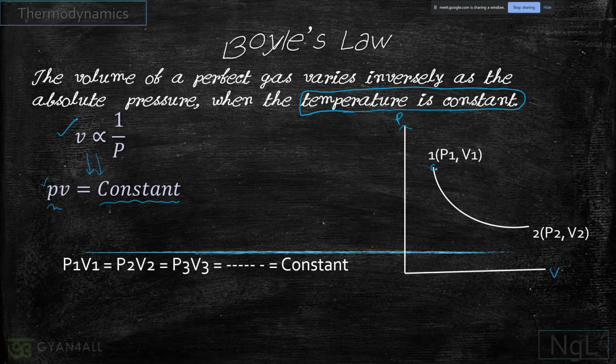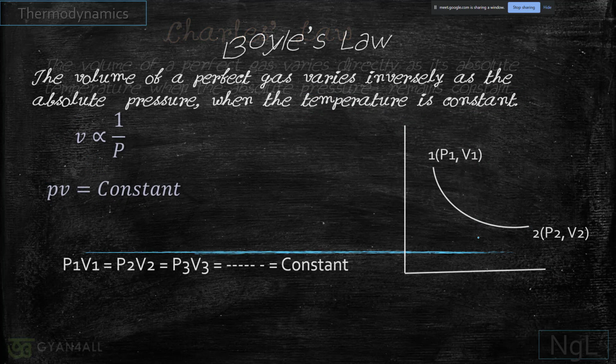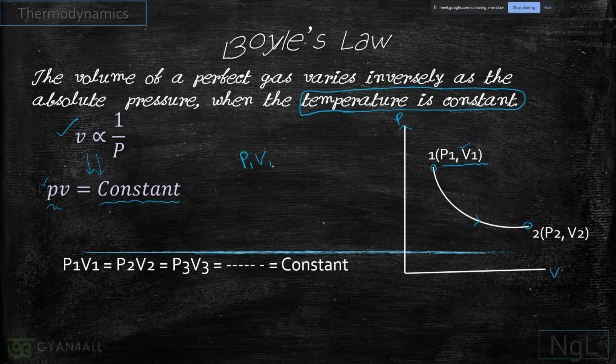Suppose the state of a gas changes from state 1 to state 2, and at state 1 the pressure is P1 and volume is V1, and at state 2 it changes to P2 and V2 respectively. So the law says that P1 V1 is equal to P2 V2, and P3 V3, any combination, it always remains constant. Pressure multiplied by volume remains constant. So that is Boyle's law. The condition is temperature remains constant. Under that condition, this is the law.